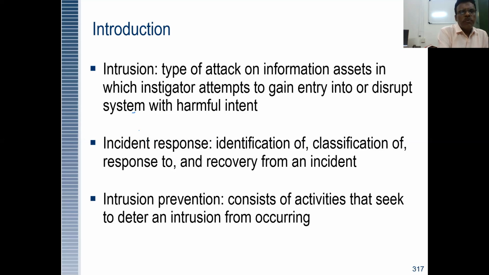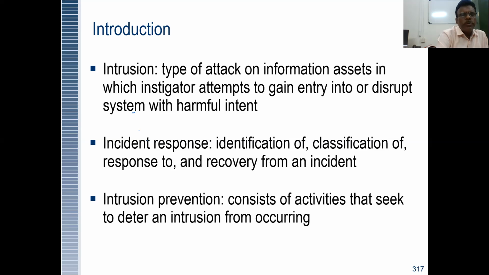Something goes the way of intrusion, something goes the way of managing, something goes with the maintenance. Then you have to identify and categorically classify those things, and in which way the response is going to happen from a number of users, a number of devices, even the network also, and recovery from an incident.